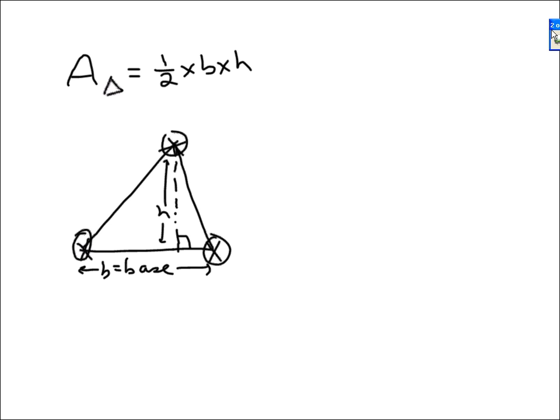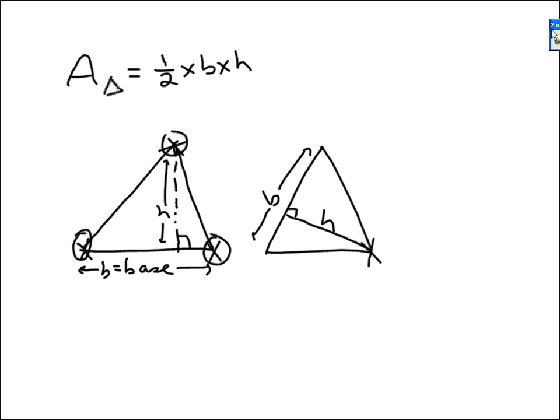For the same exact triangle, if for whatever reason you chose to call that the base, well, 3 vertices, this is the one opposite the base. Go at a right angle, and that's the height.